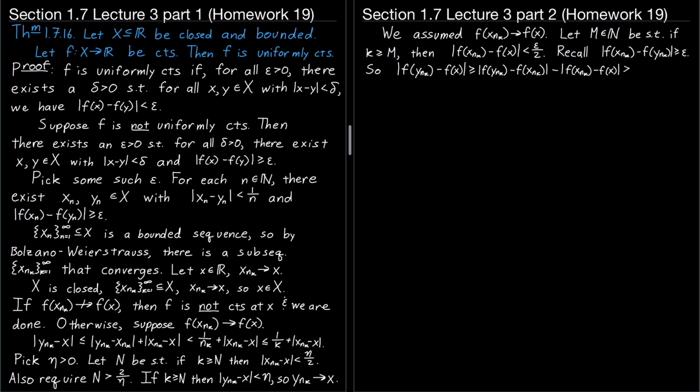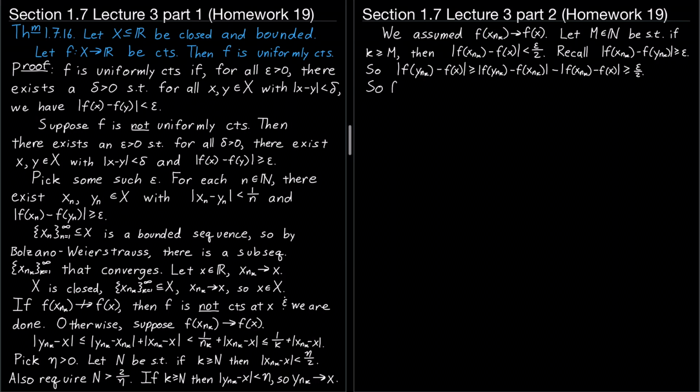And notice that this is at least epsilon over 2. So eventually you get that |f(y_{n_k}) - f(x)| is bigger than epsilon over 2, once k gets past that integer.